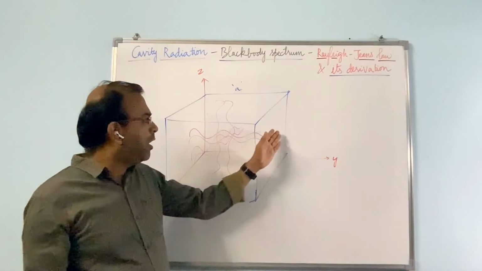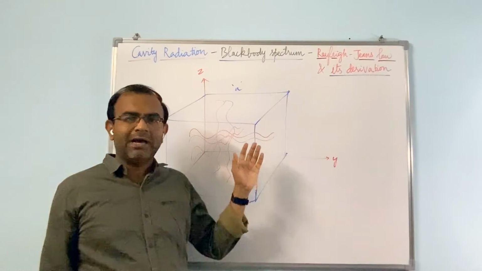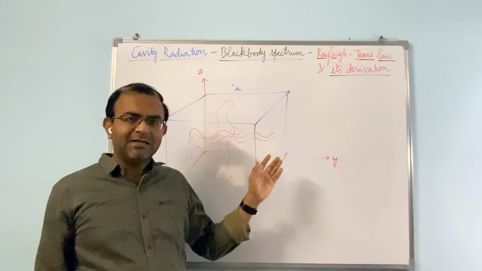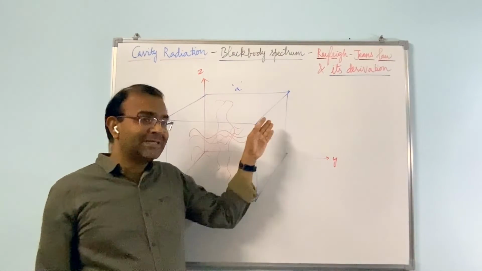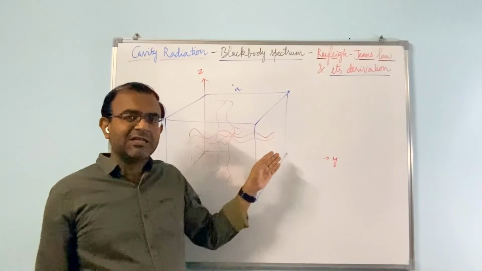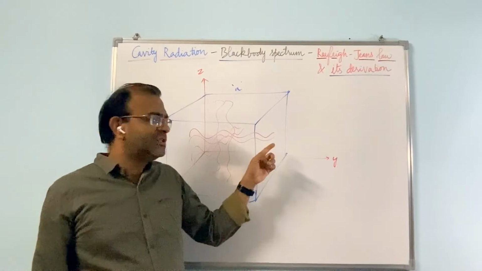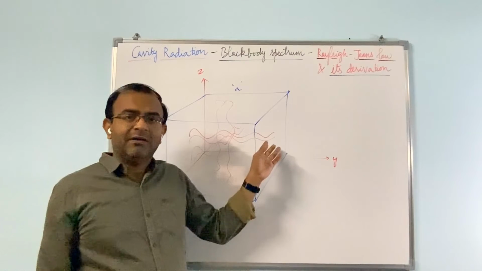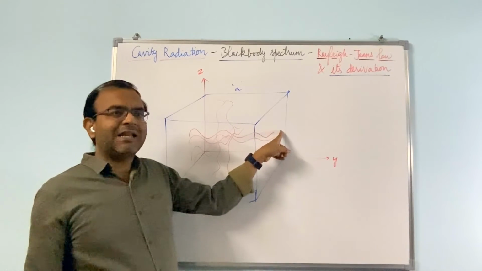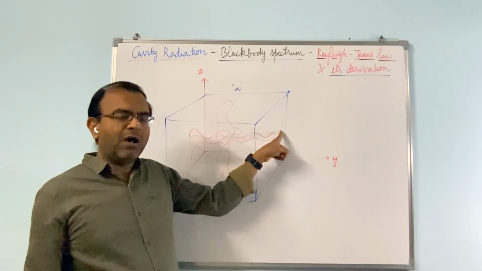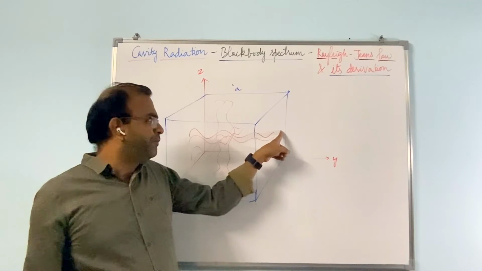A metallic wall, however, cannot support a parallel electric field because charges can always flow in such a way as to neutralize the electric field. This we know from fundamental electromagnetic theory. Therefore, we know that the electric field is 0 at the wall at x equal to 0.